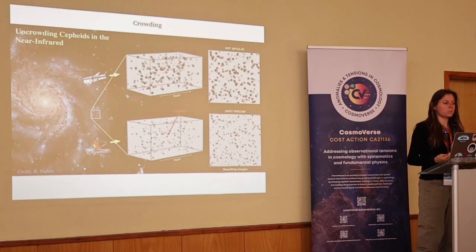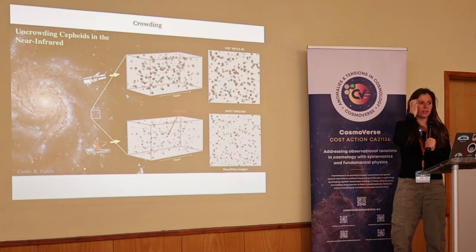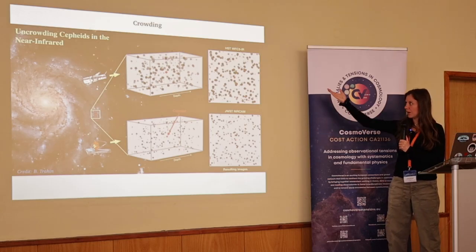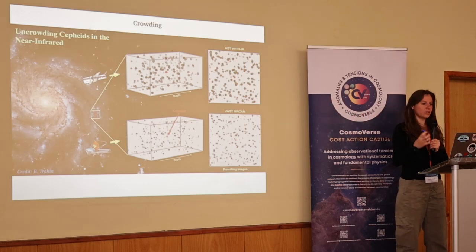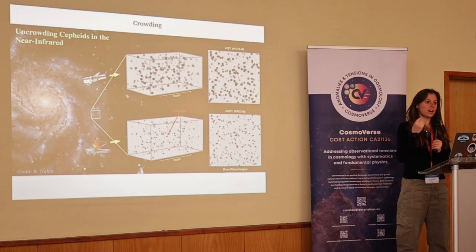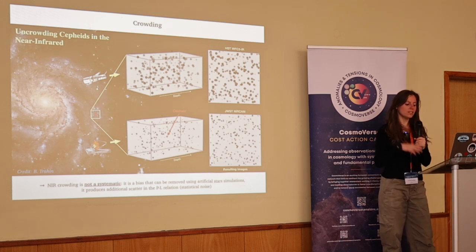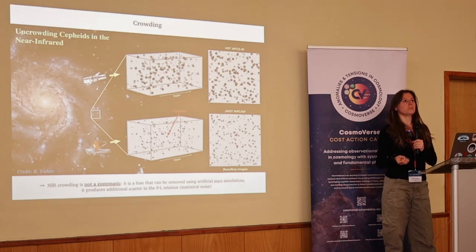Now, with the James Webb Space Telescope, the resolution is much better. And what you see would look like this in comparison with Hubble. This time, you can distinguish the stars behind from the Cepheid. So it used to be a systematic. So it's not a typical systematic. It's more a bias that used to be removed.